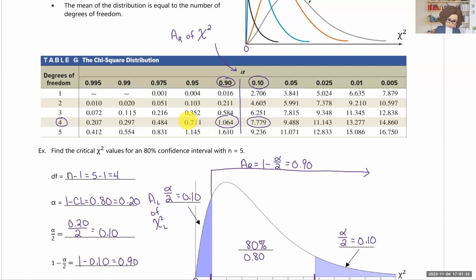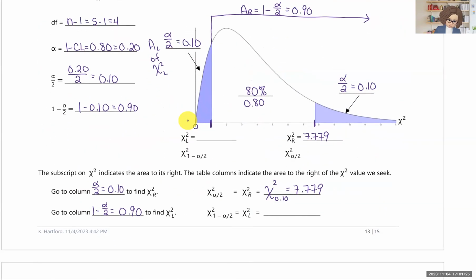All right, let me come down and write that guy in. 1.064. So remember with z-scores, we didn't have to look up two values because with z-scores, they were always plus and minus the same value. Chi-square is just a little bit harder because we have this skewed shape and we've got no negative values.